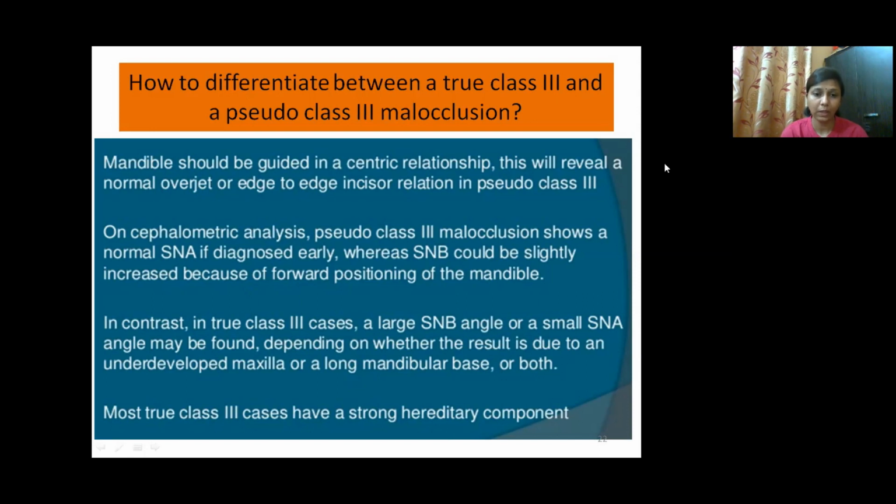So in true class 3 cases, a large SNB or a small SNA or a combination may exist. Most true class 3 cases have a strong hereditary component. If either of the parents has a similar type of jaw relationship, then there is a high chance of it being a skeletal type of discrepancy.